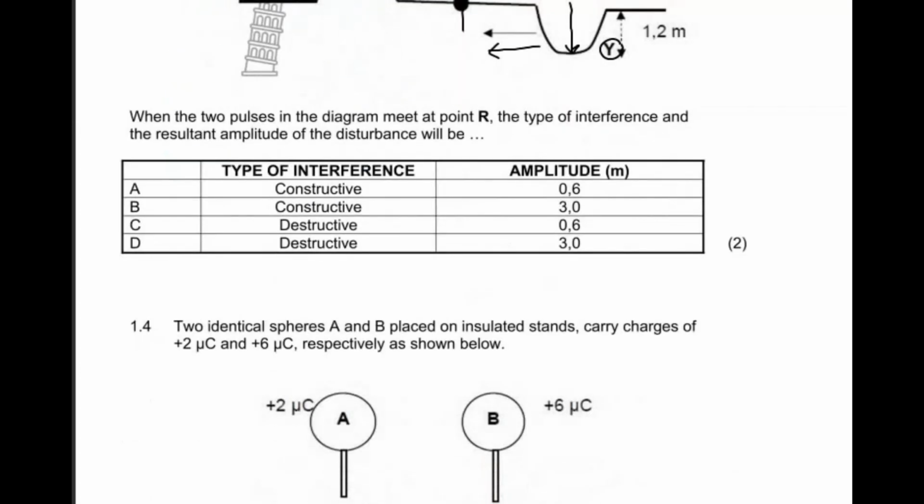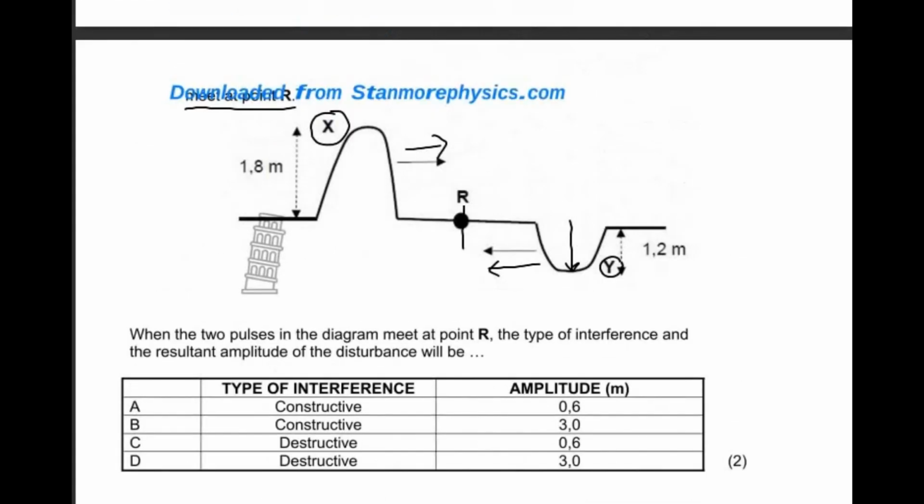Now, when two pulses in the diagram meet at R, what will the type of interference and the resultant amplitude of the disturbance be? Because we have a crest here, the highest point, and now we have a trough here, the lowest point.